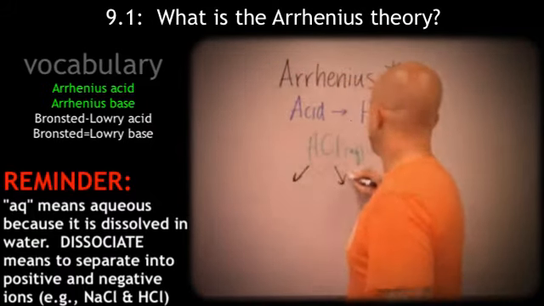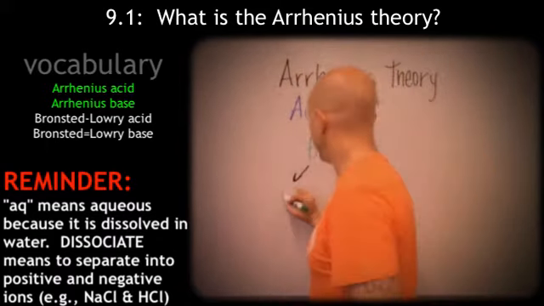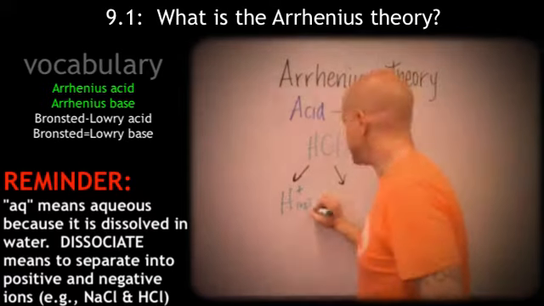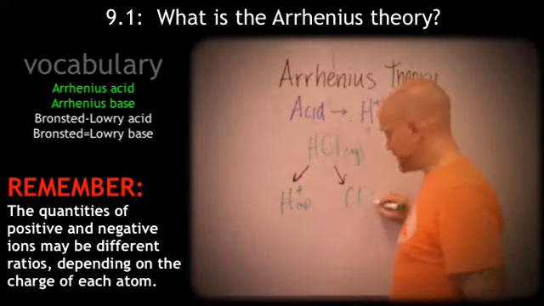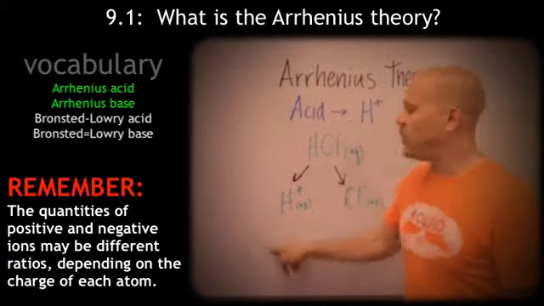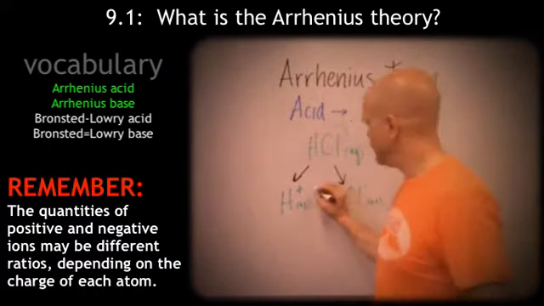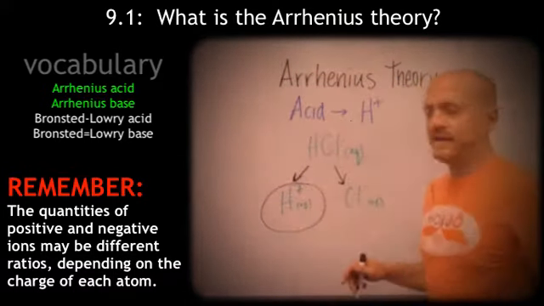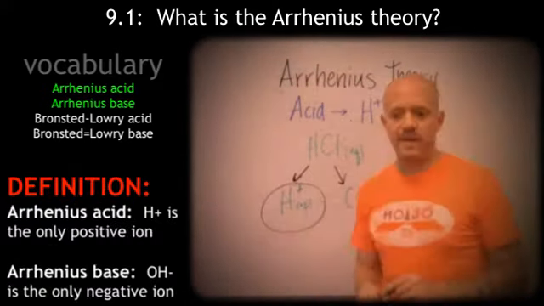So HCl is going to break apart into H+ aqueous and Cl minus aqueous. Because H+ is the only positive ion in solution, this is an Arrhenius acid.